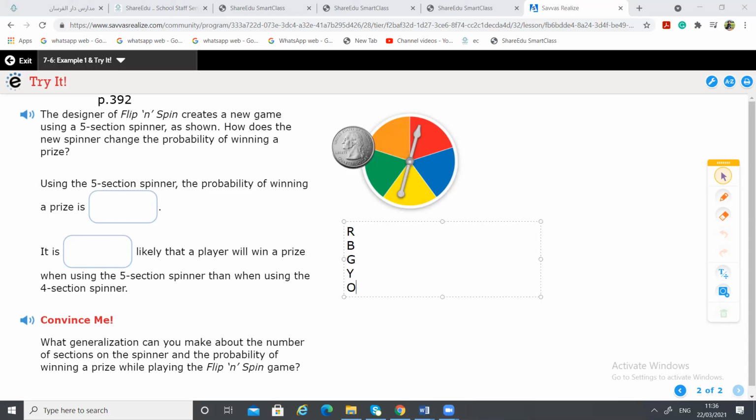Now we have orange also. And for each I told you to multiply by 2: 2 head and tail, 4 head and tail, 6 head and tail, yellow head and tail, 8, and you have one more here. So that means you have 10 outcomes instead of 8 outcomes.